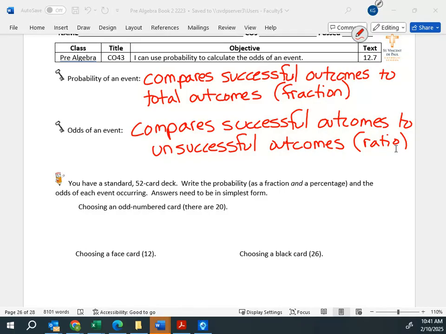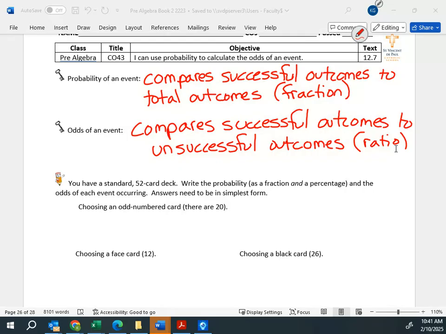So we're spinning that spinner. There were 4 numbers on it. How many times are we spinning a 2? If we spin that spinner 10 times and we spun a 2 3 times, there were 3 successful out of 10 possible spins. The odds would be 3 to what?